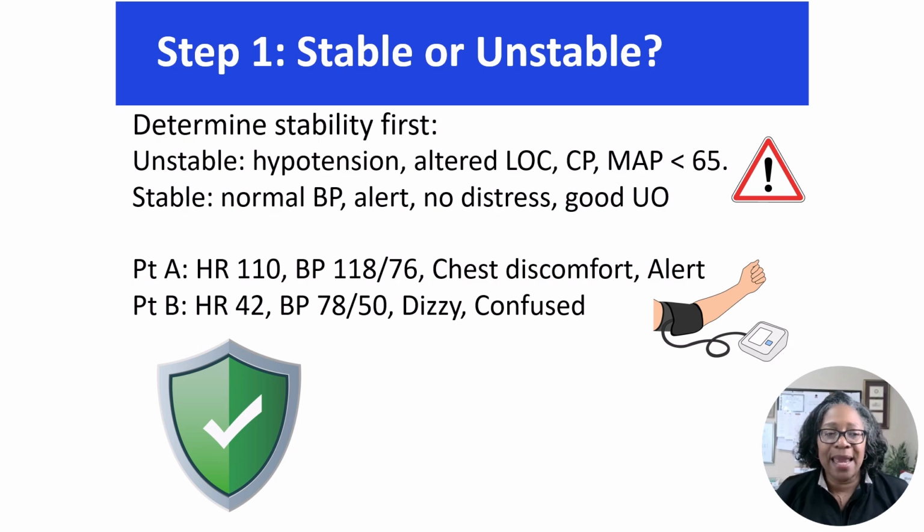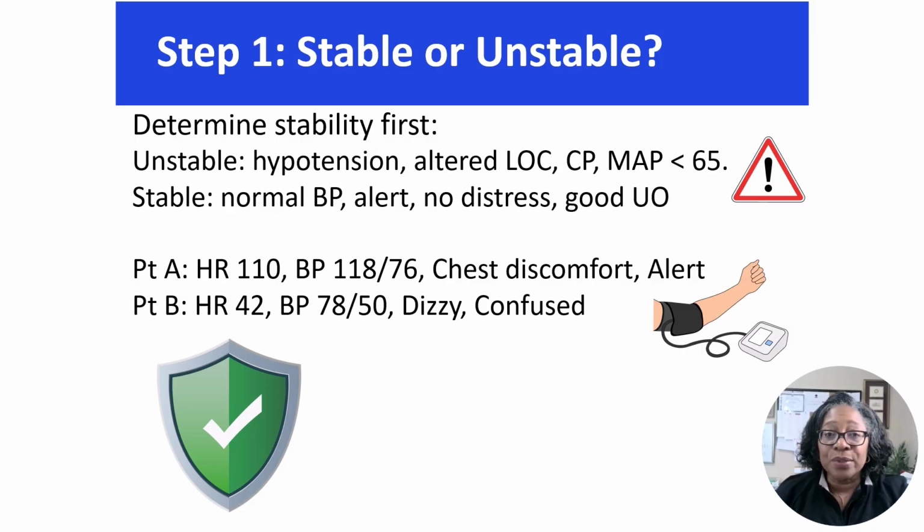So let's look at something real quick. Patient A has a heart rate of 110, a blood pressure of 118 over 76. They're having some chest discomfort and they're alert. But patient B has a heart rate of 42 and a blood pressure of 78 over 50. They're dizzy.